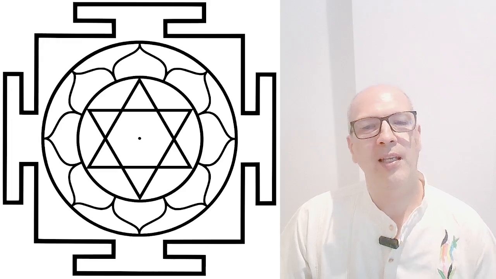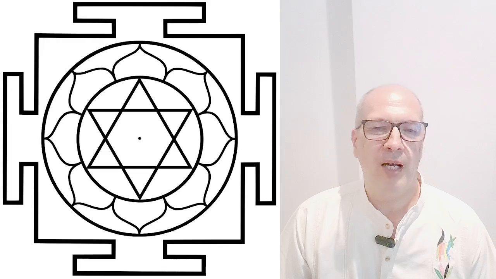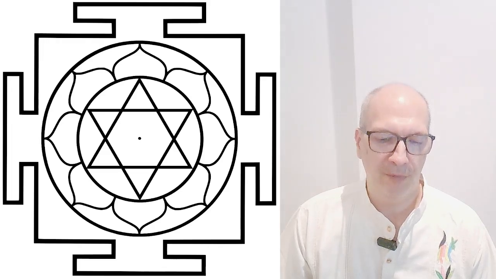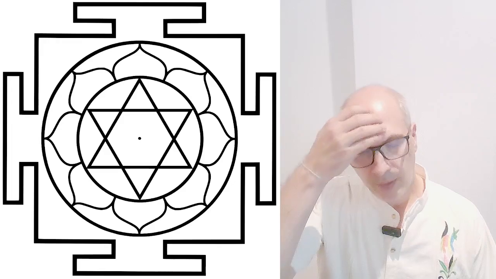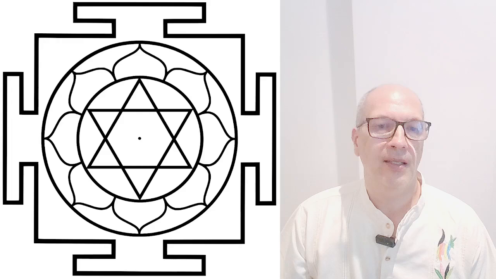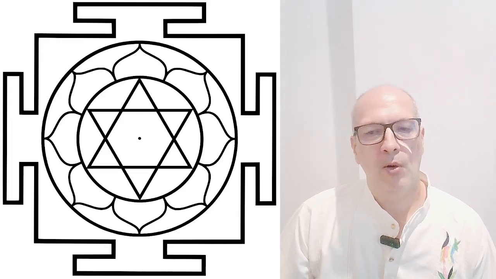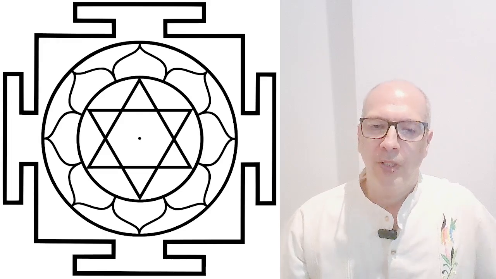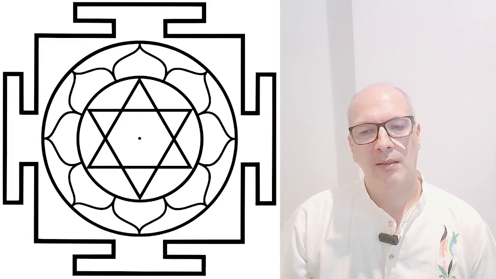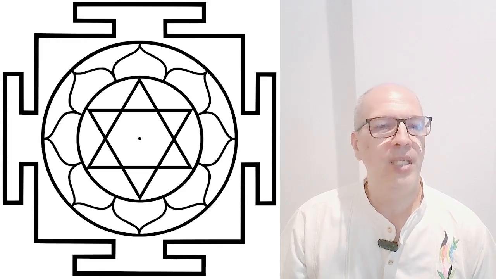Aham means I, and is actually the symbol of Atman, of the self. So why are these 3 considered also senses? The mind, manas, the lower mind, is actually the one that helps us to understand what we see.